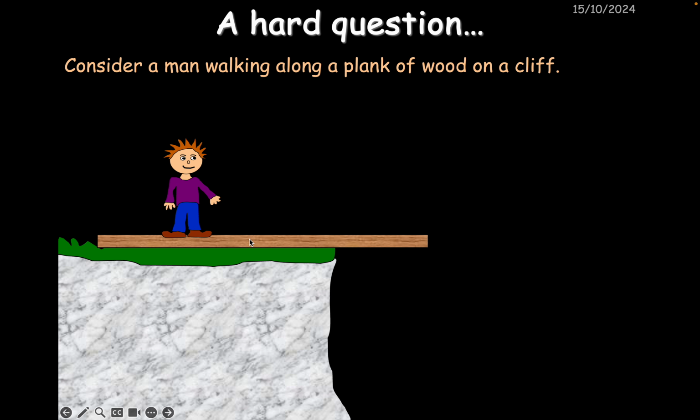Okay, so if the man then walks, and if he's foolish enough to go over the edge of the cliff, or on the plank over the edge of the cliff, would he be safe? So remember, the mass of the plank is acting here, so the weight of the plank could be considered to be halfway along the length. So there's one weight pulling it down here.